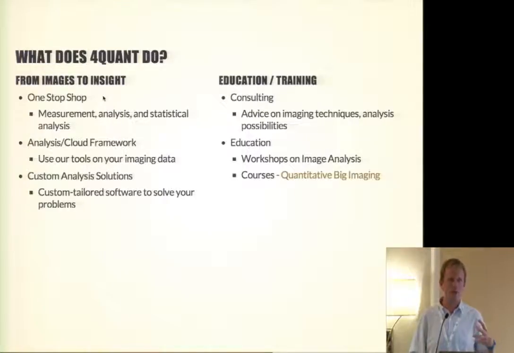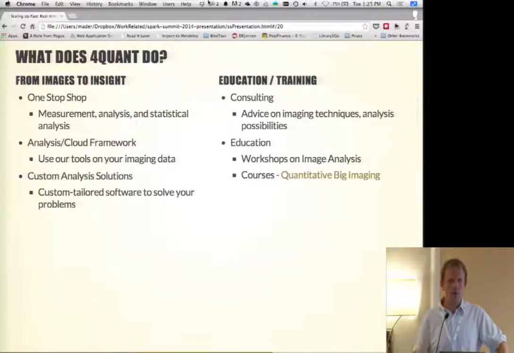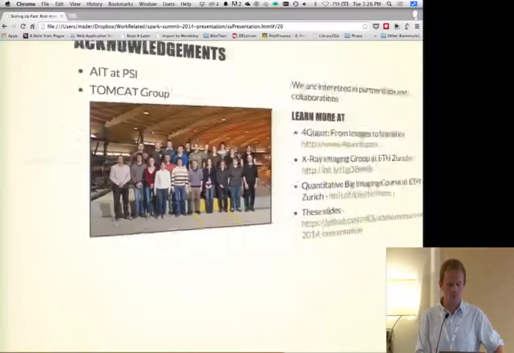So if you have a very specific problem, we can combine our tools to come up with the information you're trying to extract from these images. We do consulting on these imaging tasks, and education and training. Some of our courses are even available online to get an idea of how quantitative imaging works and what sort of information you can expect to extract.